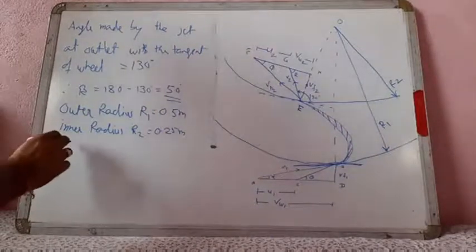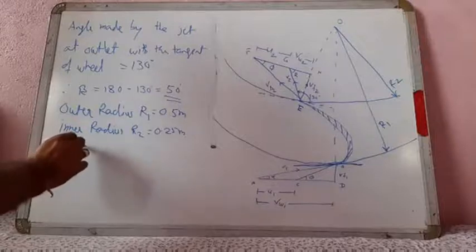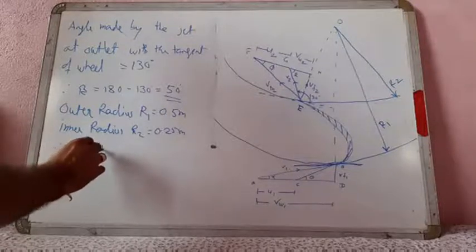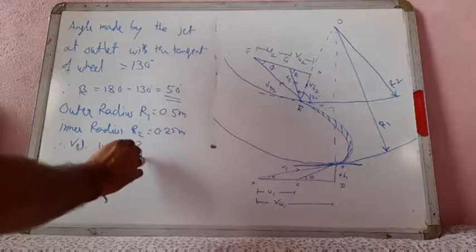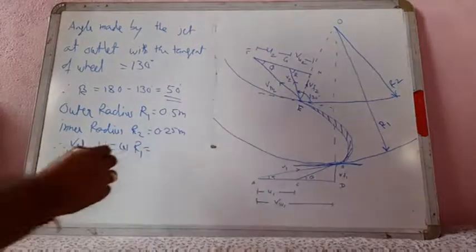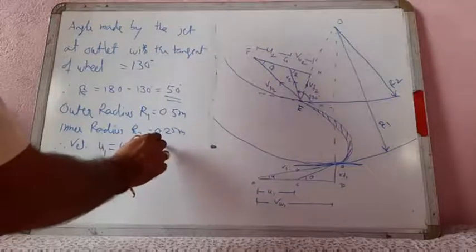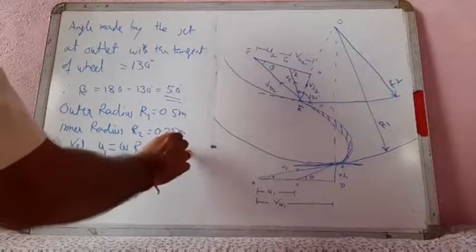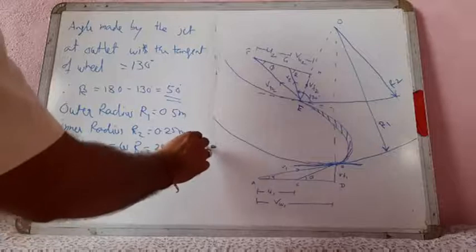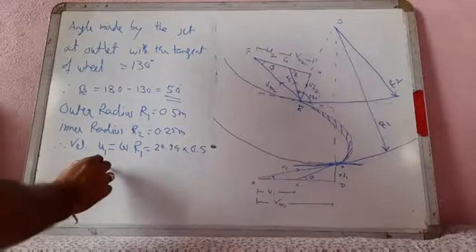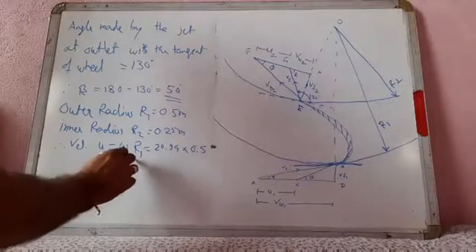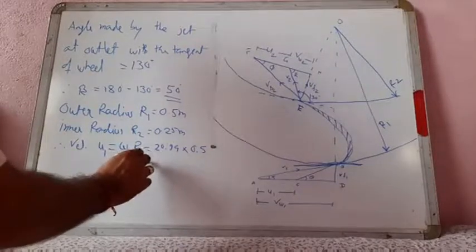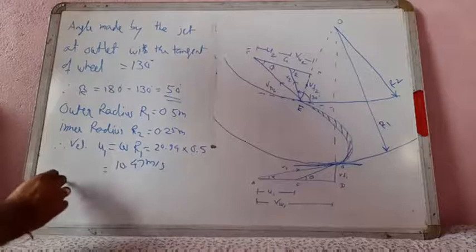Velocity U1 equals omega R1, that is 20.94 into 0.5, so the value of U1 is 10.47 meters per second.